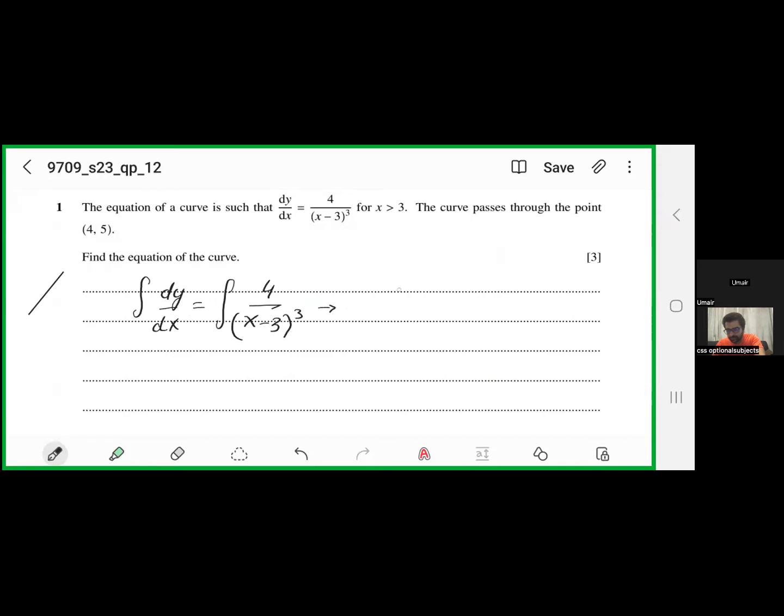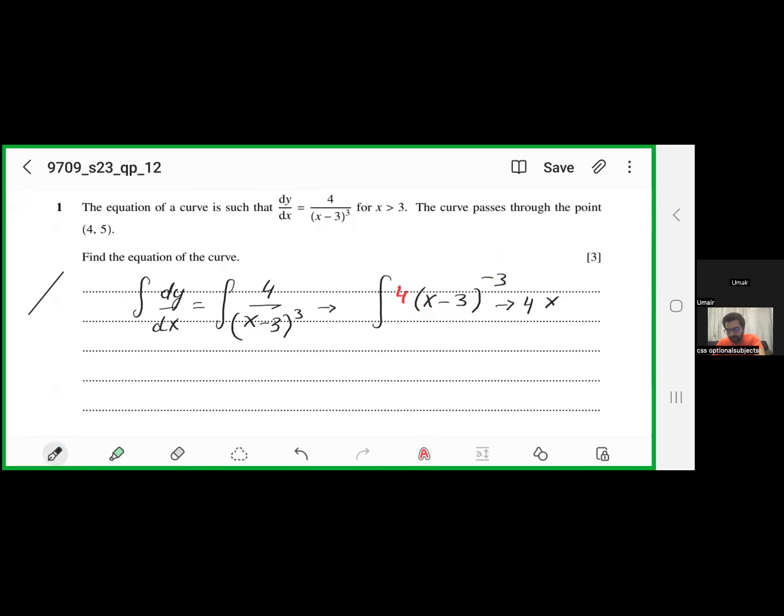When you integrate this, that will be x minus 3, and you have to integrate it. The constant will be taken outside. This is a constant. So you have to integrate (x minus 3) power minus 3.